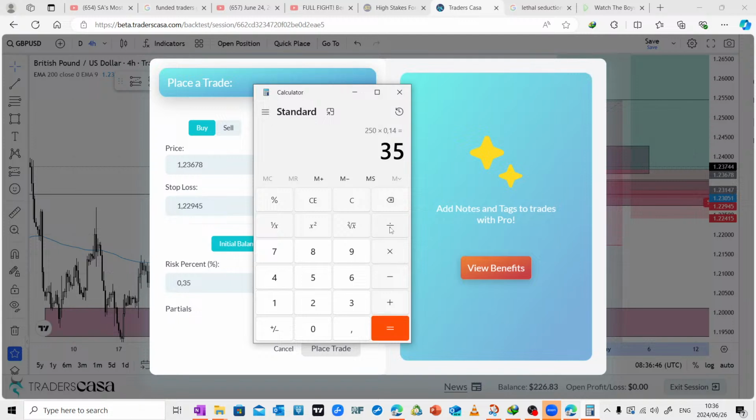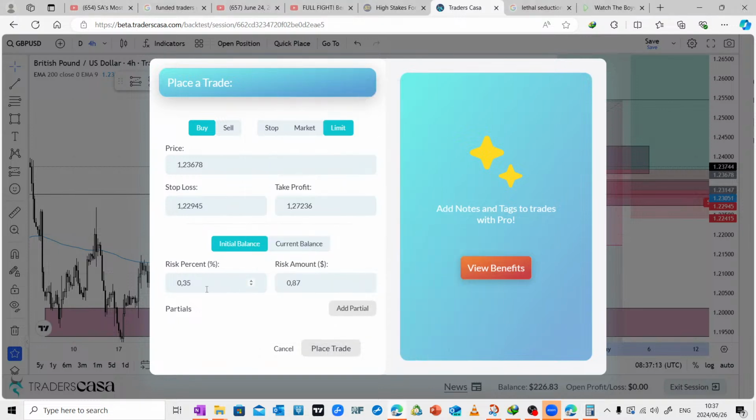You see, so I should be risking 14% of the current balance. A more conservative approach would be risking 0.07 of the whole 250, which should risk me like $14, 17. Yeah, exactly. So I'm still risking the current balance.